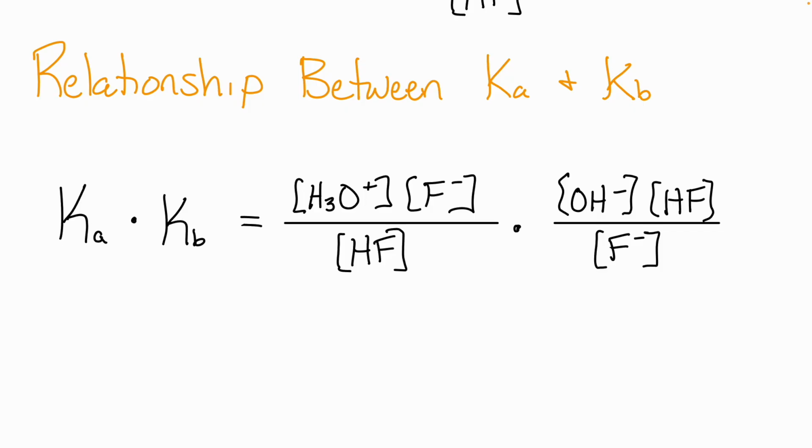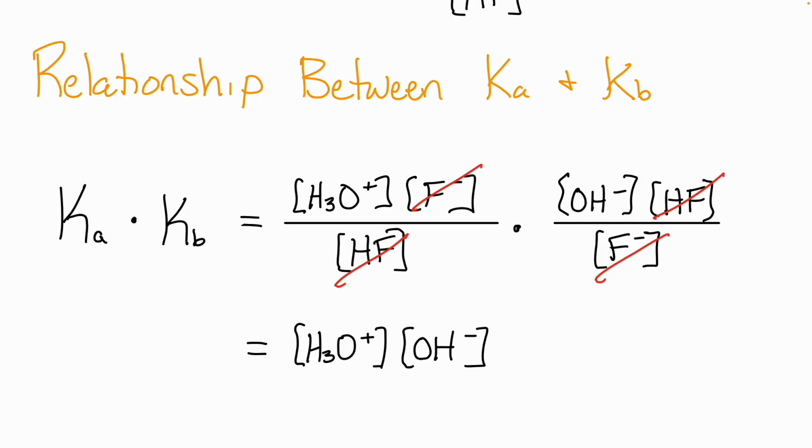What's going to cancel? My fluoride ions cancel out, my hydrofluoric acid concentration cancels out, and so what I'm left with is hydronium times hydroxide. That's what Ka times Kb is. But what's hydronium times hydroxide?